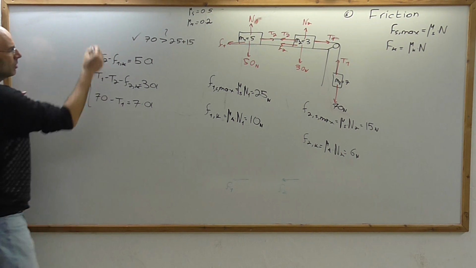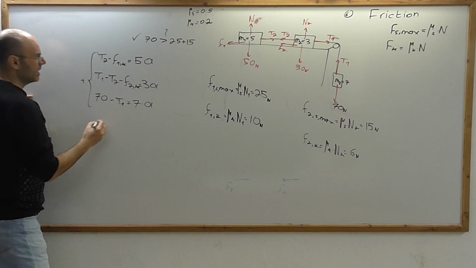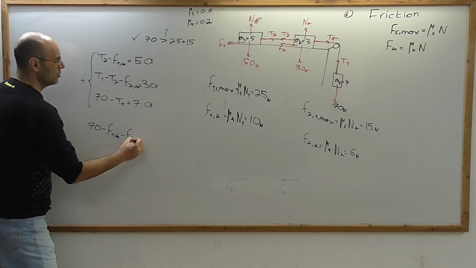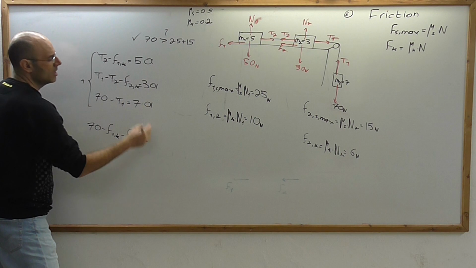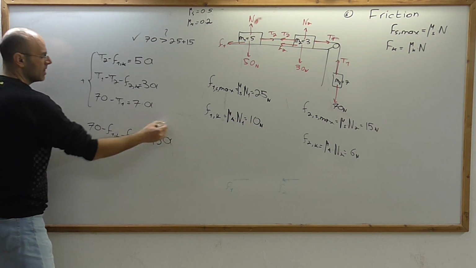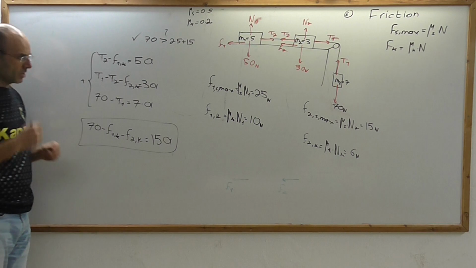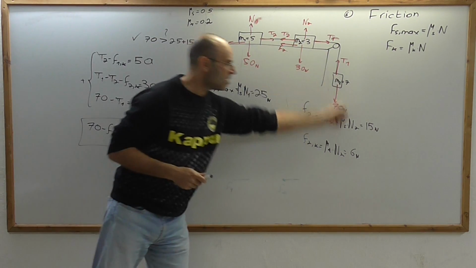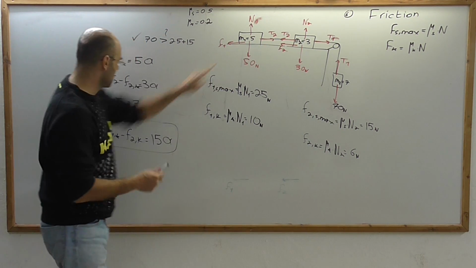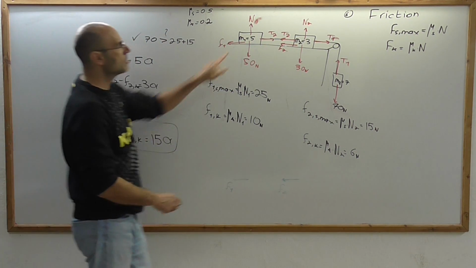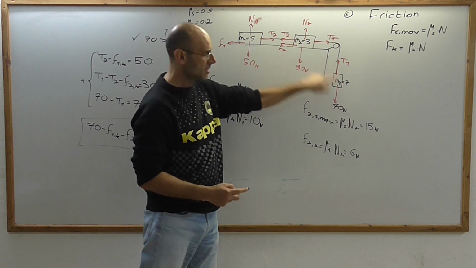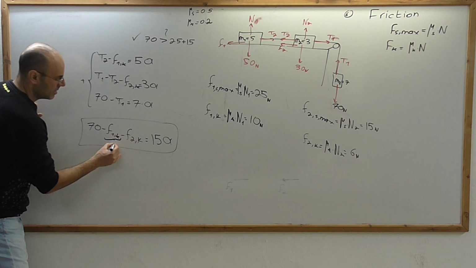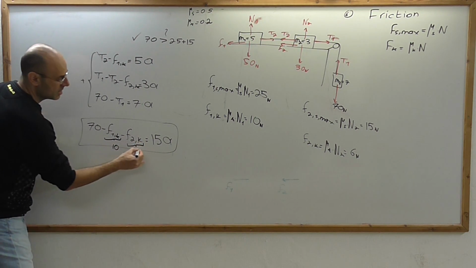When I add them up, all the T's go, and I get 70 minus F1K minus F2K equals 15A. And I can write this equation without doing each at a time, because 70 minus that, minus that, equals the sum of masses, exactly 15A. This one is 10, this one is 6.